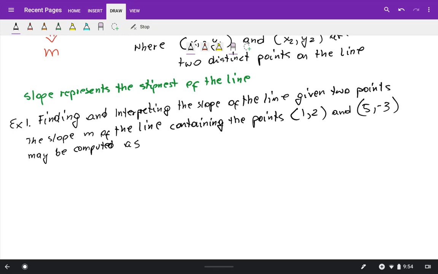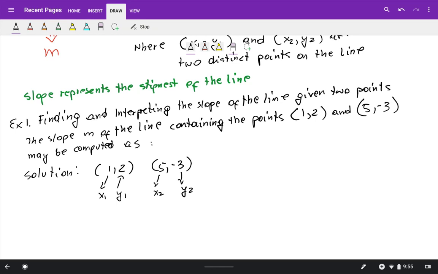So what you're going to do: the first point is (1, 2). You're going to label 1 as x1 and 2 as y1, and the point (5, -3) you're going to label as x2, y2.